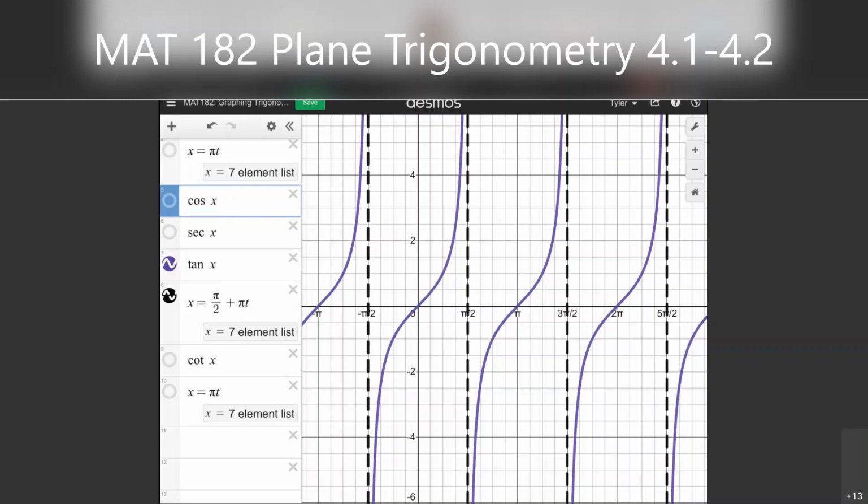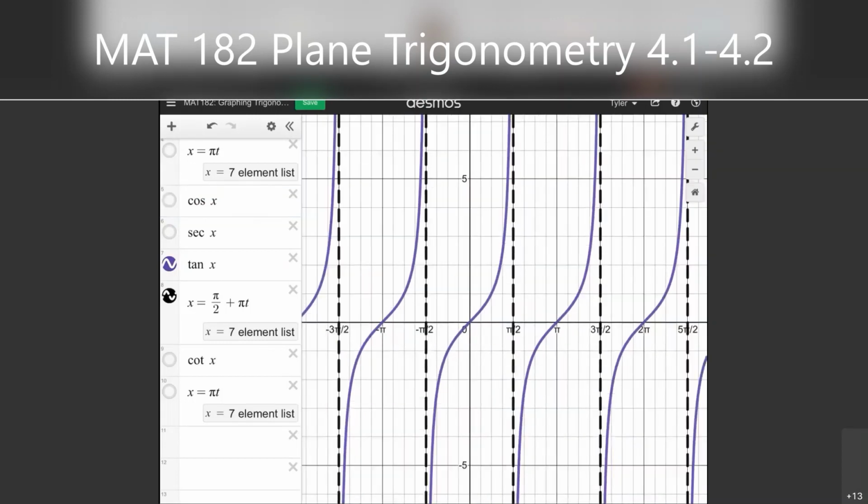And so it has kind of that S shape in between negative pi halves and pi halves. And then it repeats itself over and over again. So it has what we're going to call a period of pi units, because it's going to finish each cycle of tangent in pi units instead of 2 pi units, and have asymptotes there at every pi.